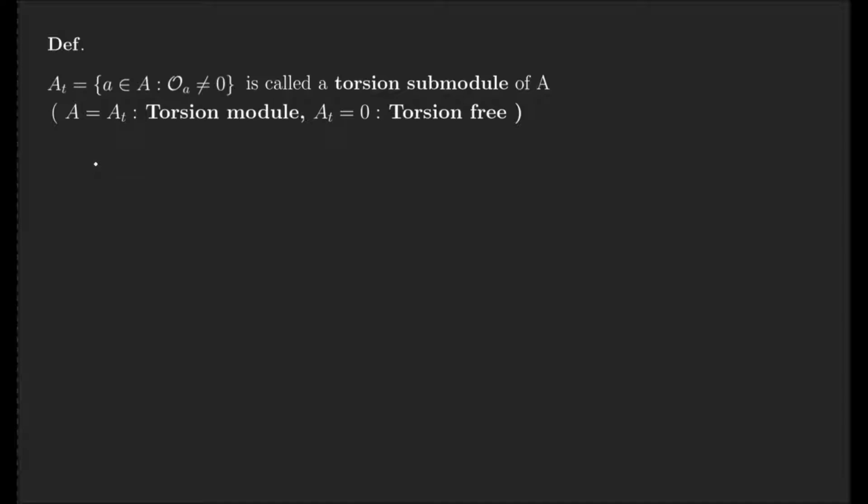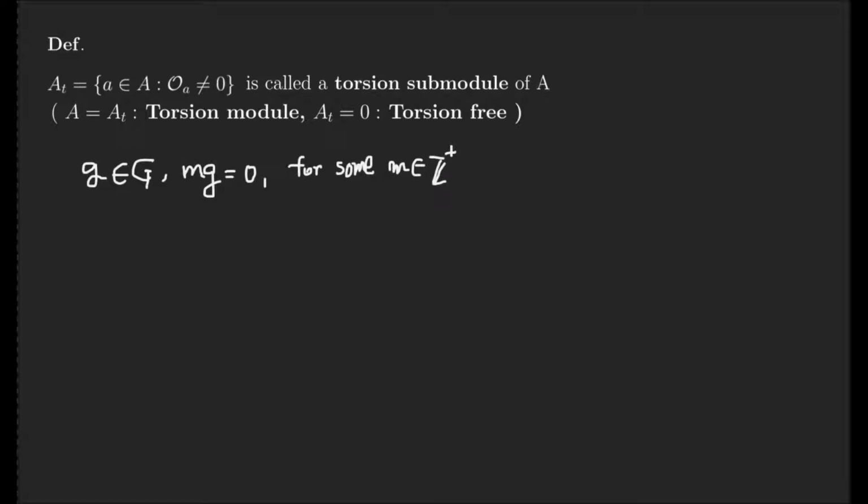When we consider the definition, the torsion subgroup is the set of elements g in G such that mg is equal to 0 for some positive integer m.